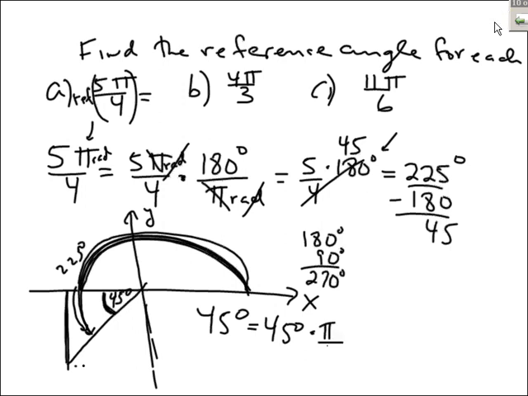Put pi radians over 180 degrees. The main thing is degrees cancel out. And it turns out that 45 goes into 180 4 times. And you're left with pi over 4 radians. So the reference angle of 5 pi over 4 is pi over 4. It's the angle inside the triangle that you get at the end.